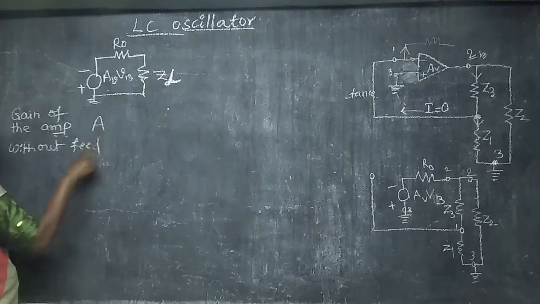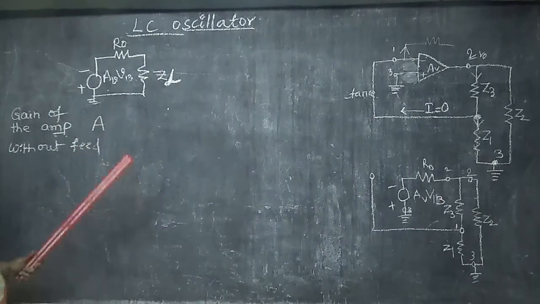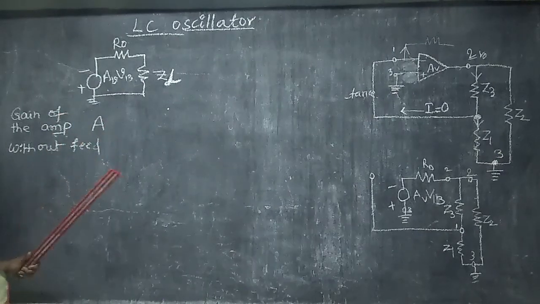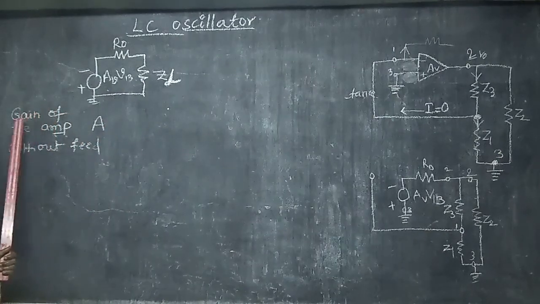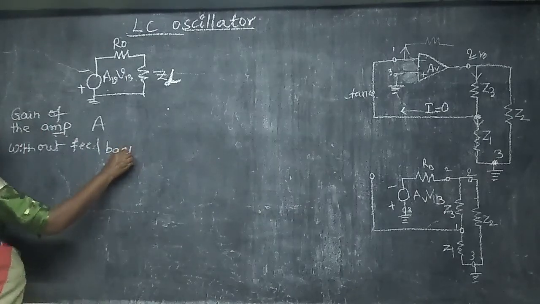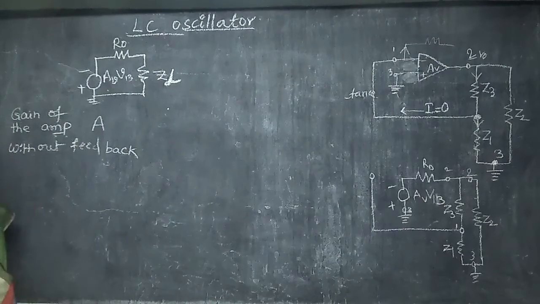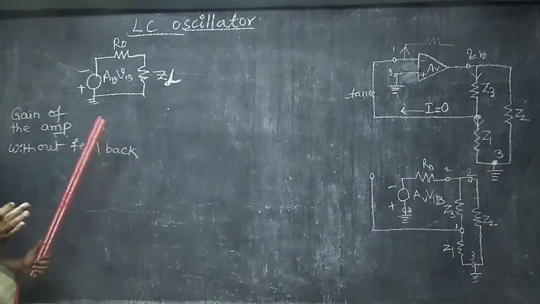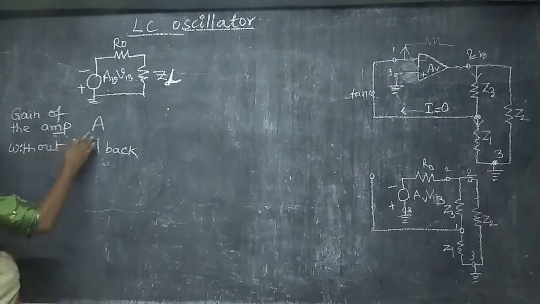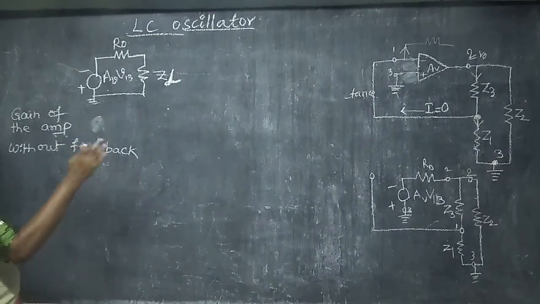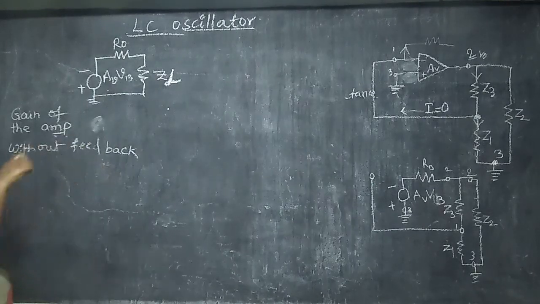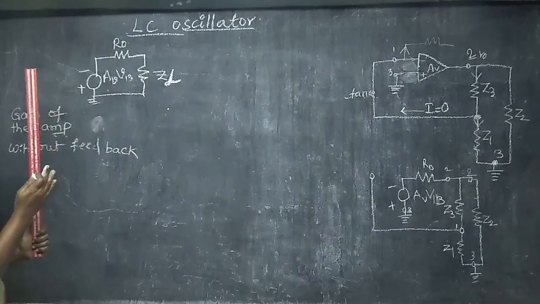What does that mean? Earlier, in negative feedback, we learned what the gain of the amplifier without feedback means: we are not considering the feedback circuit, but the loading effect of the feedback circuit is going to be considered, and we don't have the feedback element in the circuit which is between input and output.